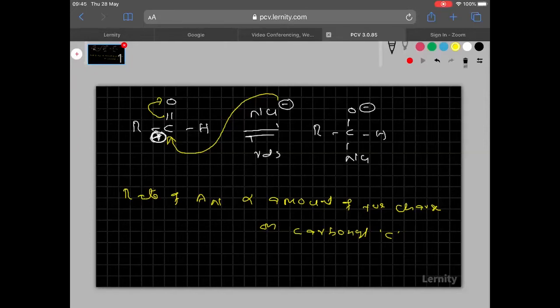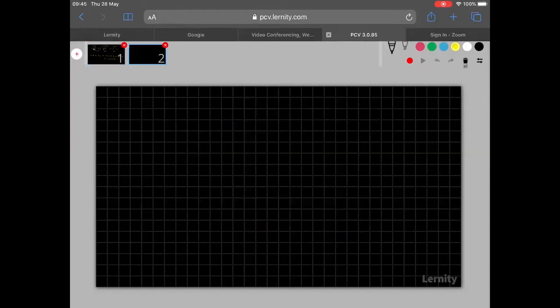Clear? Then yesterday I told you one more important thing. I think you might have noticed that the rate of nucleophilic addition is inversely proportional to what? Crowding at the carbonyl carbon.